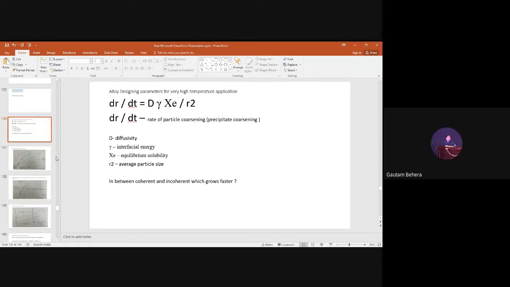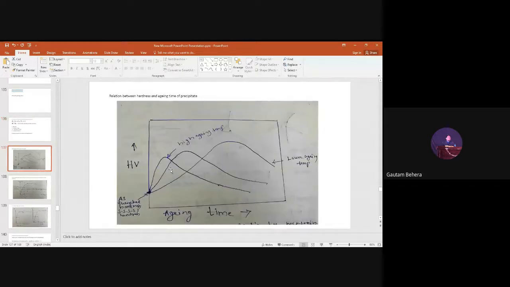Right. So now, just look at this one. This is the hardness versus aging time. Suppose I am talking about this first plot. You can see the hardness value is increasing with the aging time.